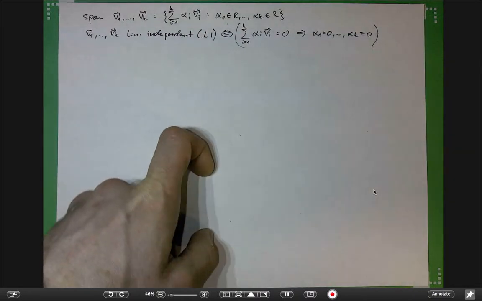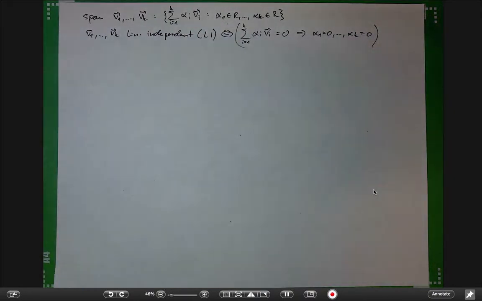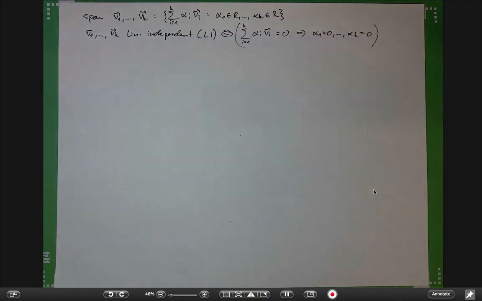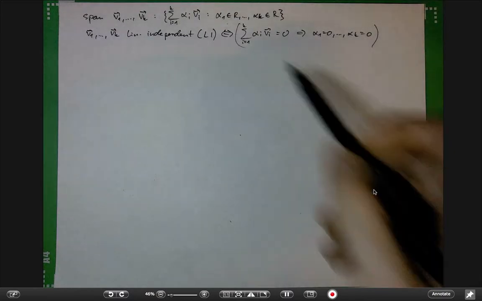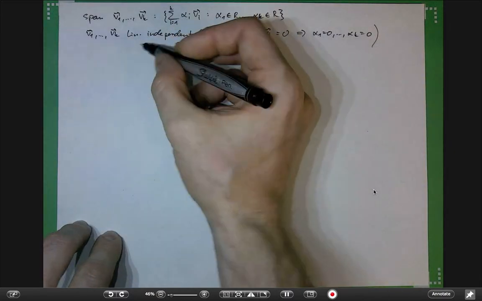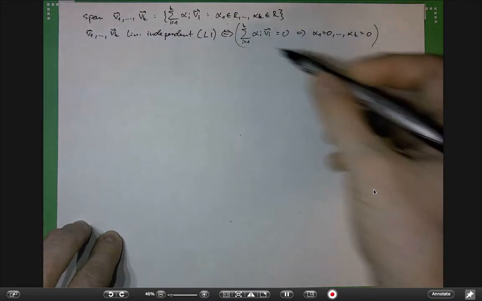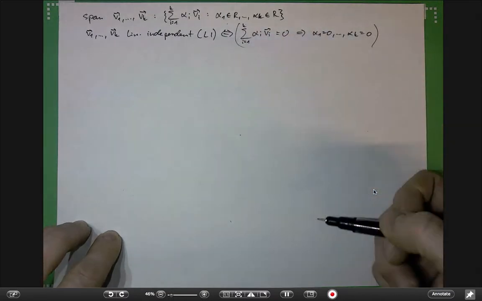Here there is an equivalence and here there is an implication. But that's exactly what you just said, that the only combination that will make it 0 is the trivial one, which will always make it 0. That's the important distinction. If there is a non-trivial one, we say that they are linearly dependent. And you should know that if they are linearly dependent, it means that we can express one of the vectors as a linear combination of the others.